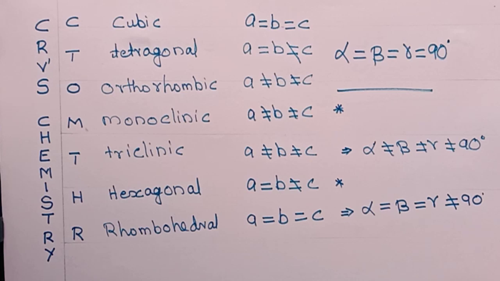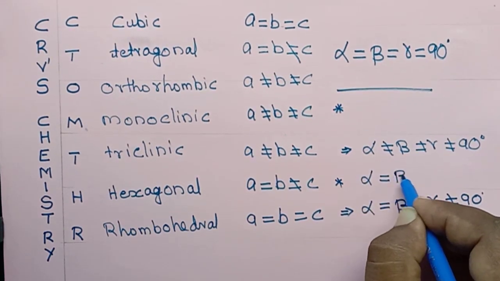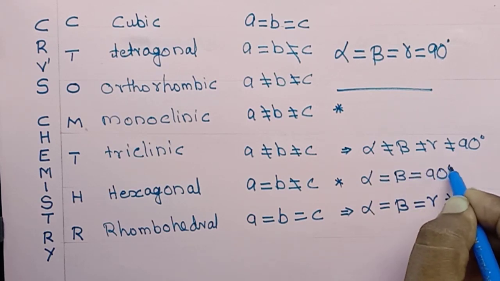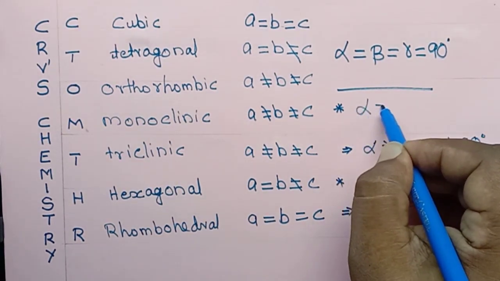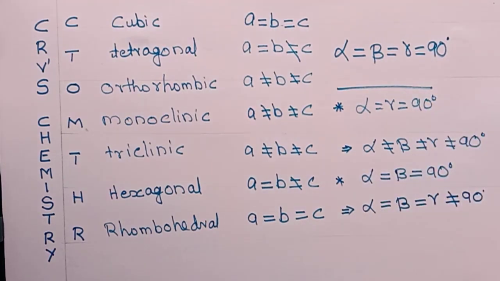Now we are going to find the relation between hexagonal and monoclinic. See, A equal to B equal to C, A equal to B not equal to C. Similarly, 2 angles are 90 here. Alpha equal to beta equal to 90 degree, and for monoclinic, alpha equal to gamma equal to 90 degree. That is how monoclinic and hexagonal are related. 2 angles are 90.